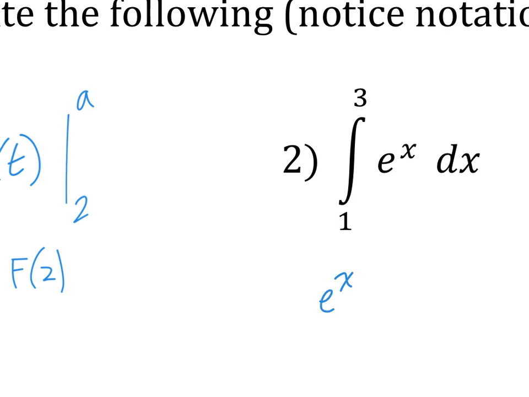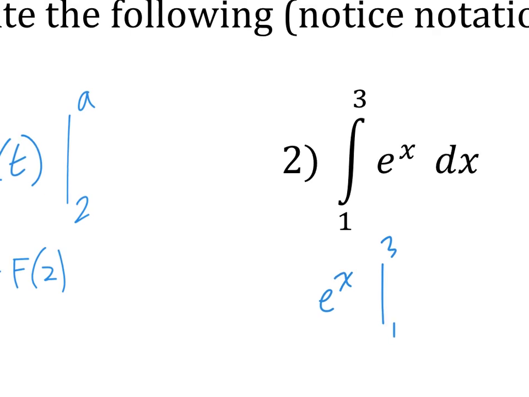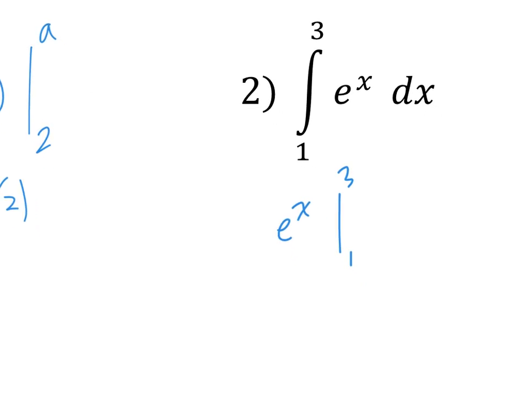You want to evaluate from 1 to 3, and then all you're going to do is plug in and subtract. So it's going to be e to the third minus e to the first. Can I combine it anymore? No. e to the third is just e cubed, whatever that number is, and e to the first is whatever that number is.